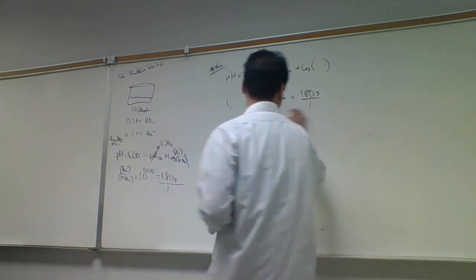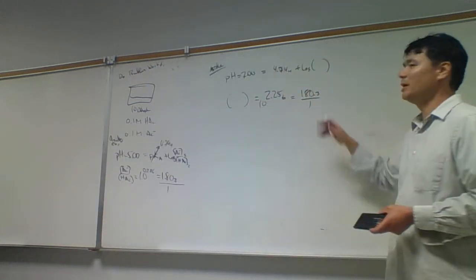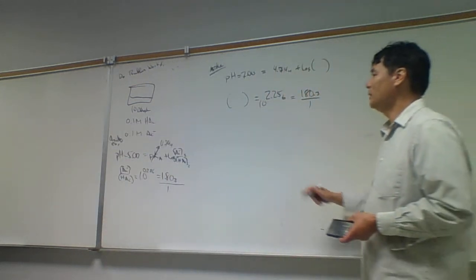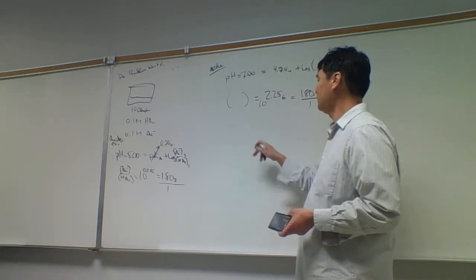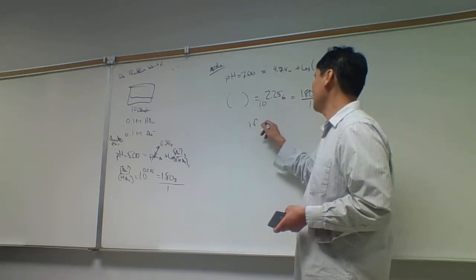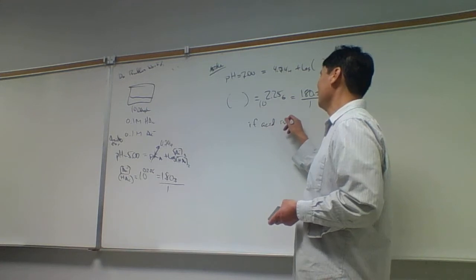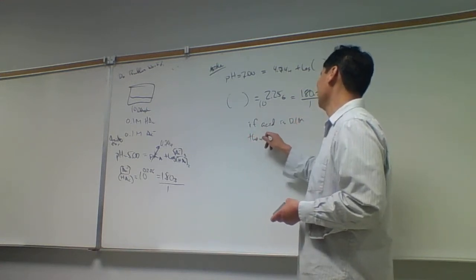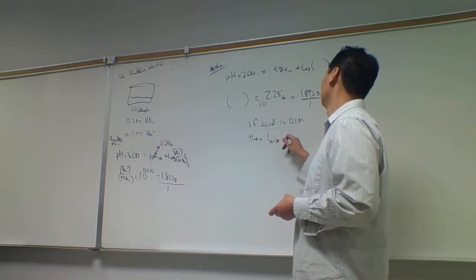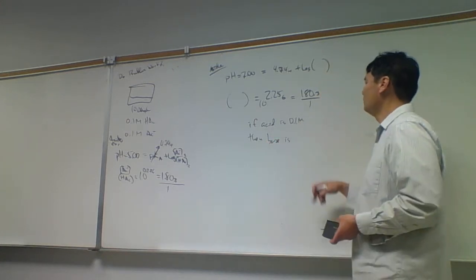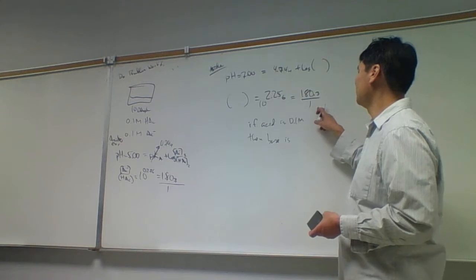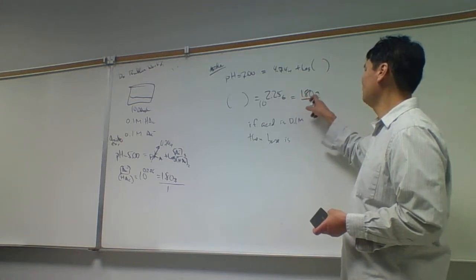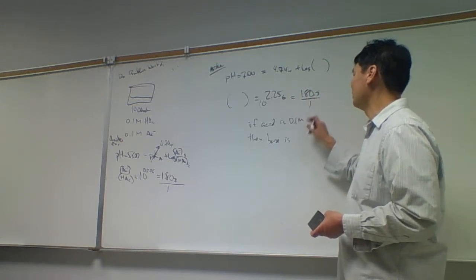All right, so here we got this 180 to 1. 180 to 1 means if the acid is 0.1 molar, then the base must be what? Well, there's 180.3 parts of base for every 1 part of acid.